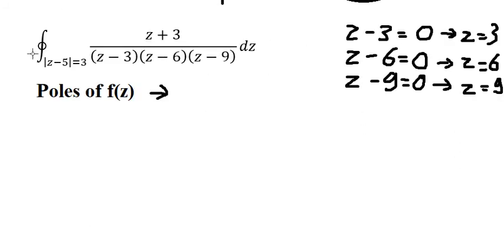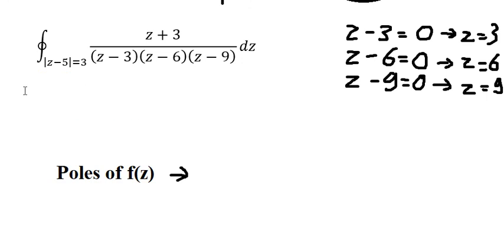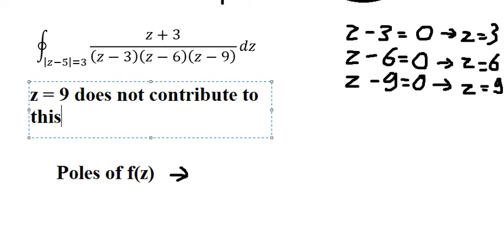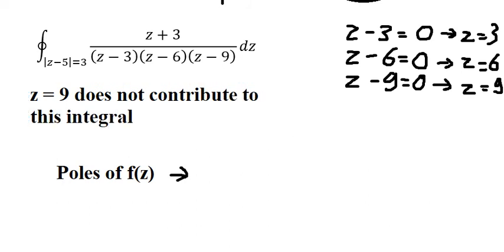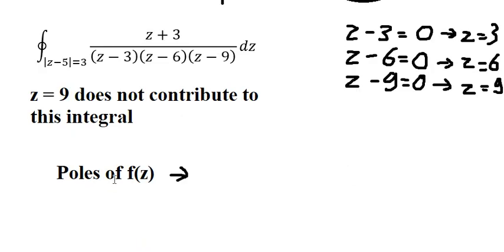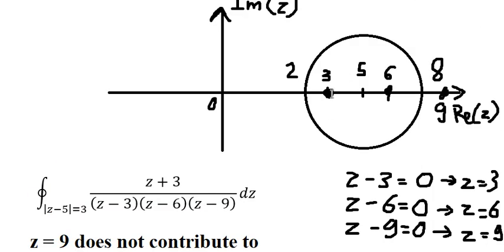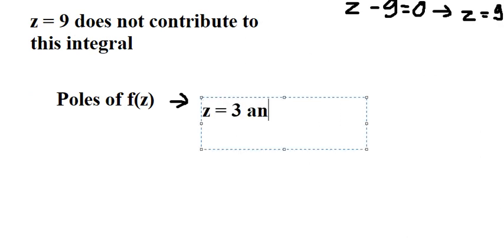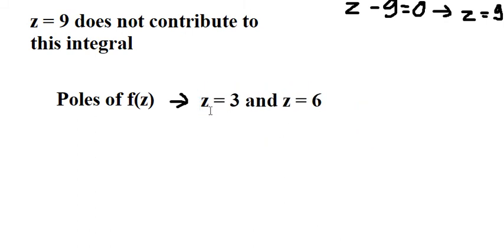So we can say z equals number 9 does not contribute to this integral because z equals number 9 is outside the contour in here. So we just have the poles of f of z at number 3 and number 6. So this is the first step.